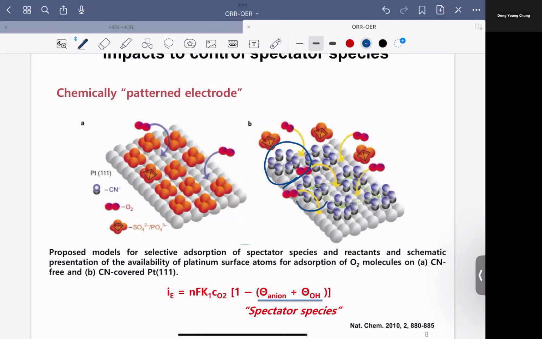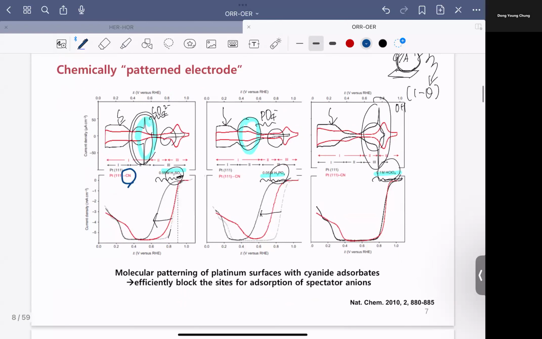So if there is cyanide adsorption on the surface, the surface adsorption of sulfuric acid and phosphoric acid can be prohibited, which means that please keep in mind the left panel shows that there is adsorption of the sulfate and phosphoric anion, but if you cover the surface with the cyanide, there is no adsorption of the phosphoric and the sulfuric acid. So let's think about what happened, right?